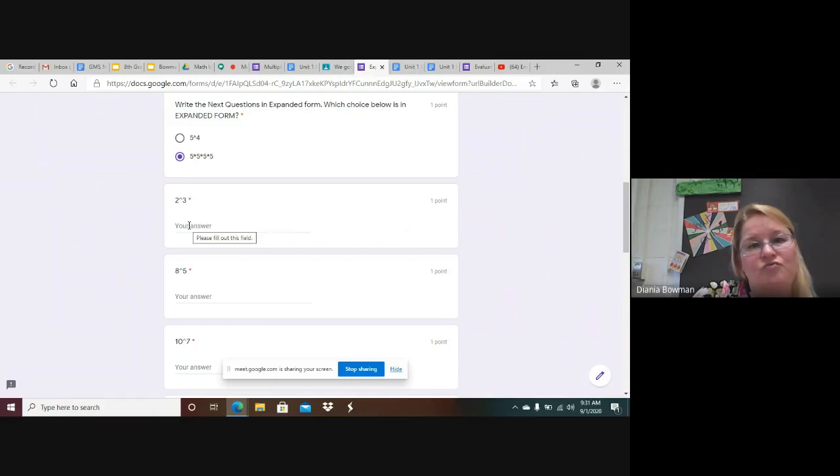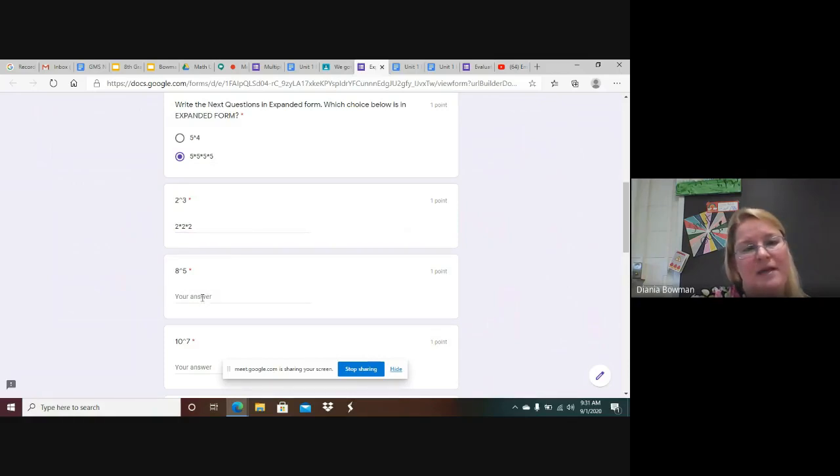Now, it wants you to write these in expanded form. So 2 to the third means 2 is multiplied by itself 3 times. There's actually two ways. You just use the little star. So 2 times 2 times 2, because the little star on your keyboard is above the numbers. If you don't have one, you hit Shift 8 and it gives you the little star.